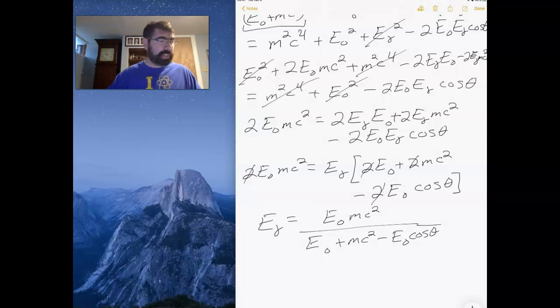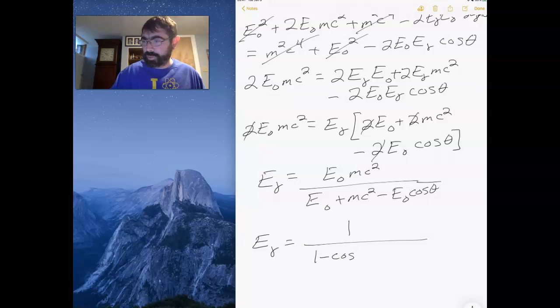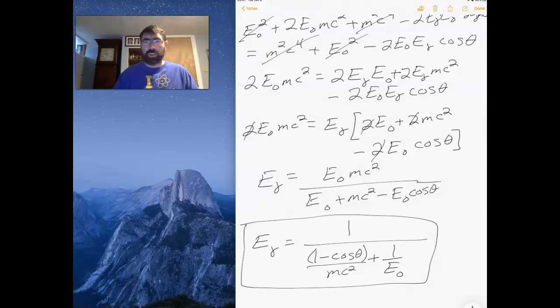If I divide the top and the bottom by E initial mc squared, I get as an answer 1 over 1 minus cosine theta over mc squared plus 1 over E initial. So I now have my equation for the energy of the scattered photon as a function of the angle theta, the mass of the electron, and the initial energy of the photon.